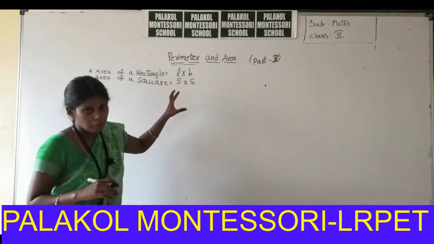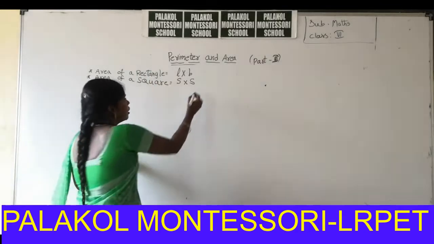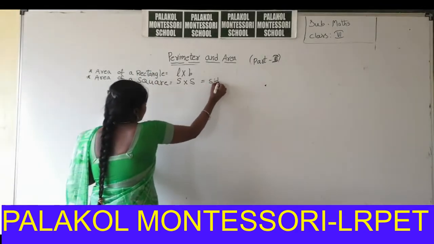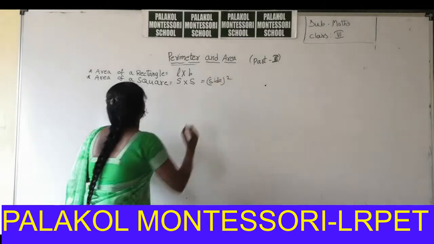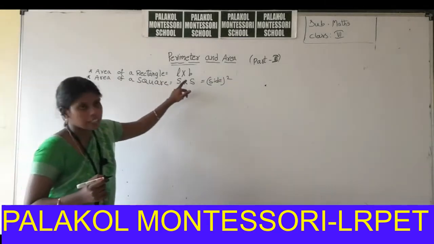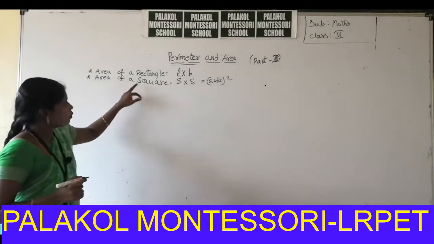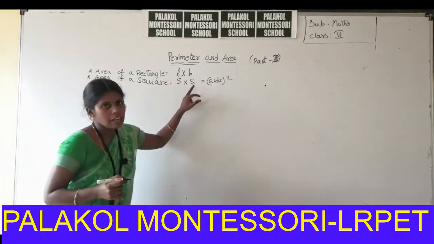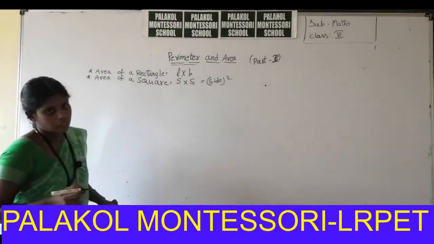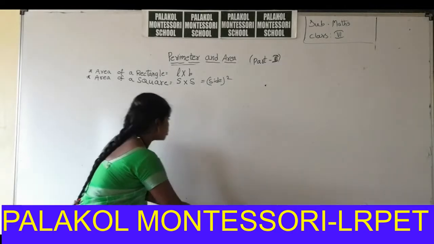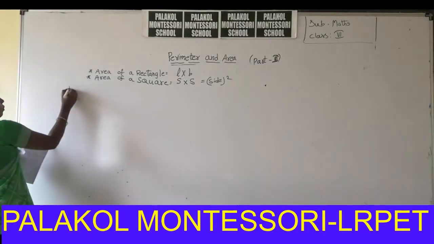These two formulas are very important in your 6th class. So area of a rectangle is equal to length into breadth, and area of a square is equal to side into side, that is nothing but side square. You can do some problems based on these two formulas.